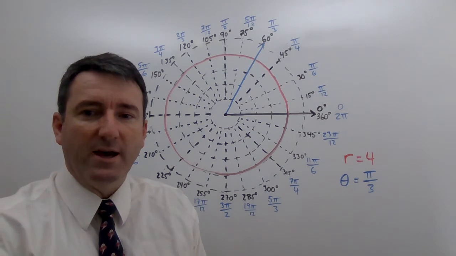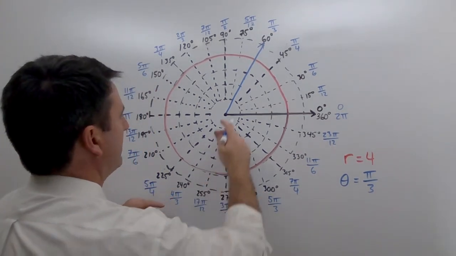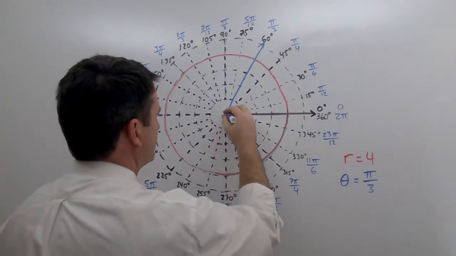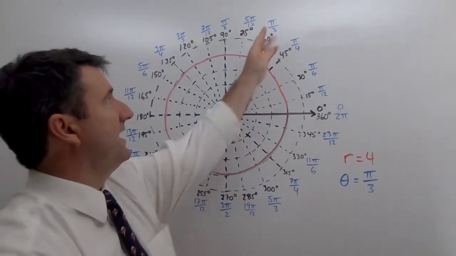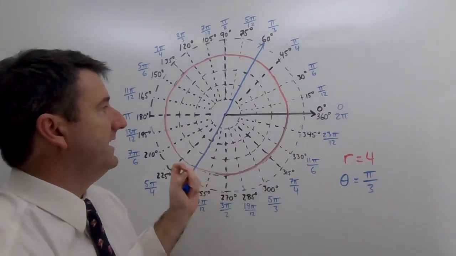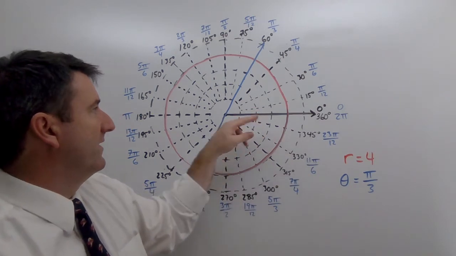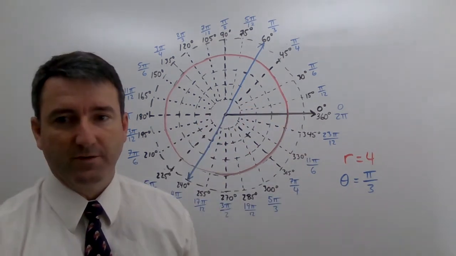But remember, because r could also be negative, it's also going to be all of these points going in the opposite direction, down this way. So we're going to have a straight line going to infinity in both directions with an angle to this polar axis of pi over 3.